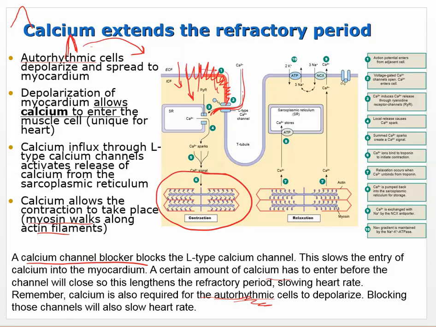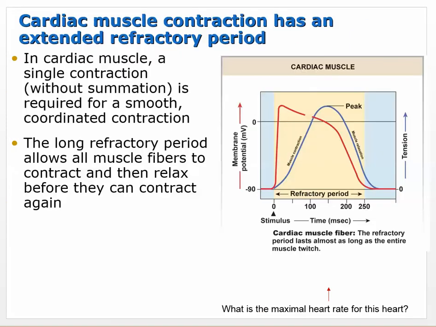All right, so again, one more picture to drive home this message. A single contraction without summation is required, and so the longer refractory period allows that. So we have this depolarization that occurs, which is just sodium rushing in, at least in myocardia. In the autorhythmic cells, it was calcium.